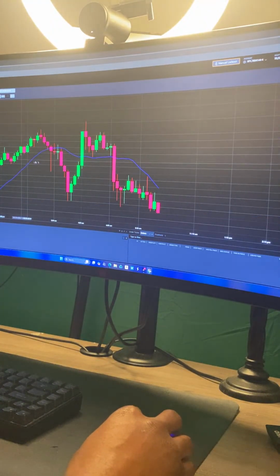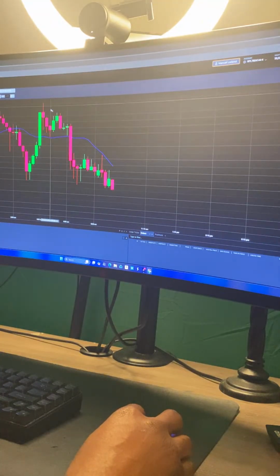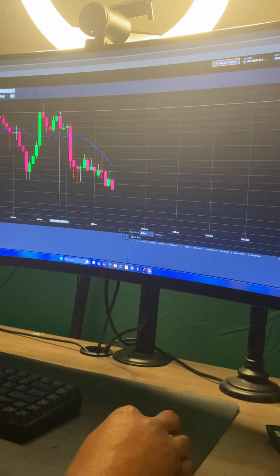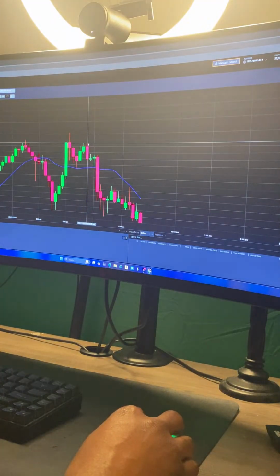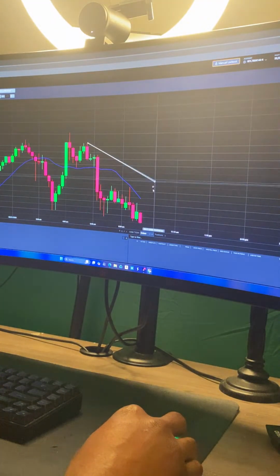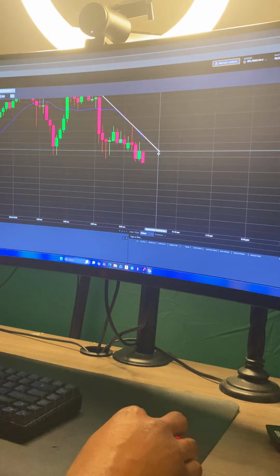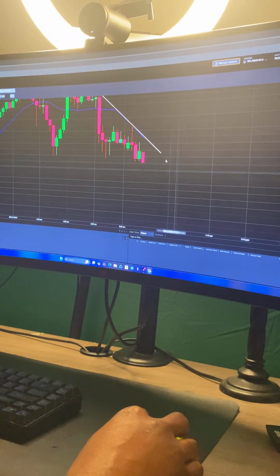Watch. Right now, as we look at this trade, this is what other traders see. Watch the line I draw. This is what other traders see, which is nothing wrong with it.